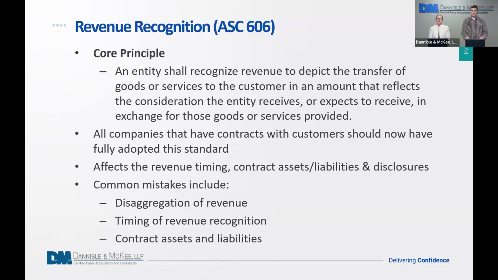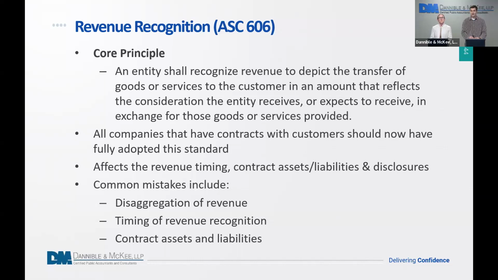This is going to affect the revenue timing, contract assets, and liabilities that you have while the jobs are in progress. And it's also going to affect the disclosures in your financial statements. The common mistake we generally see is people not disaggregating revenue correctly.